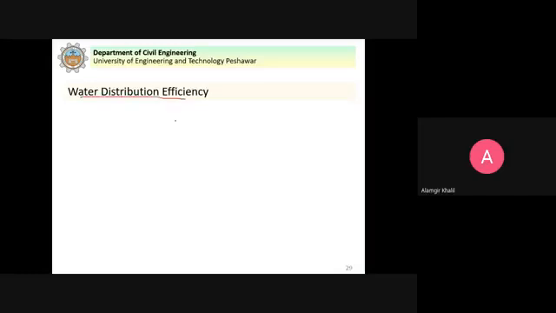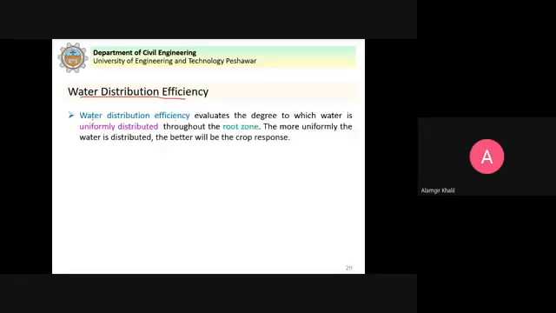Water distribution efficiency. Water distribution efficiency evaluates the degree to which water is uniformly distributed throughout the root zone.